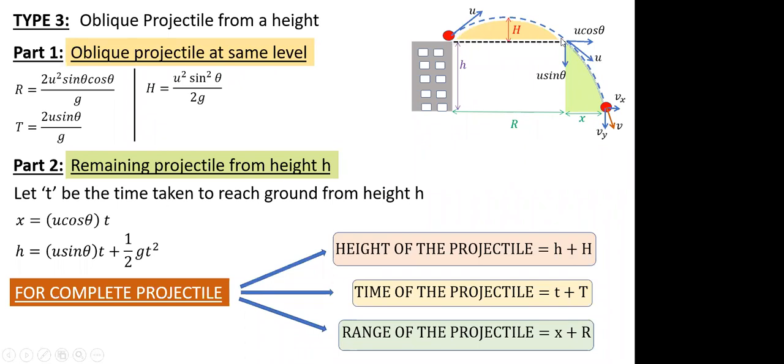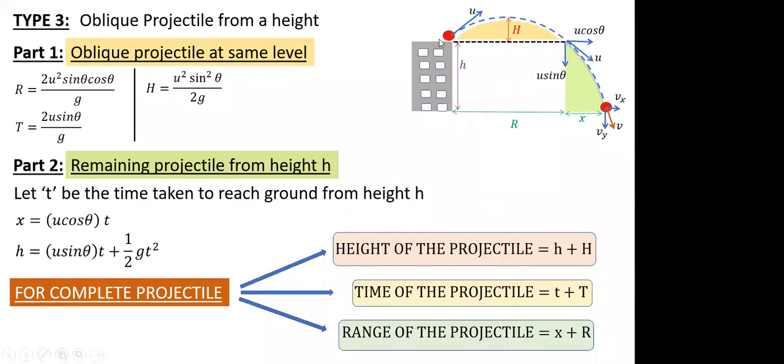So from this point to this point on the same level, the horizontal and vertical components will also be the same. And for the remaining section, I just applied the basic motion equations. For vertical, use S equal to ut plus half at square, and for horizontal, since it is uniform, use distance equal to speed into time.